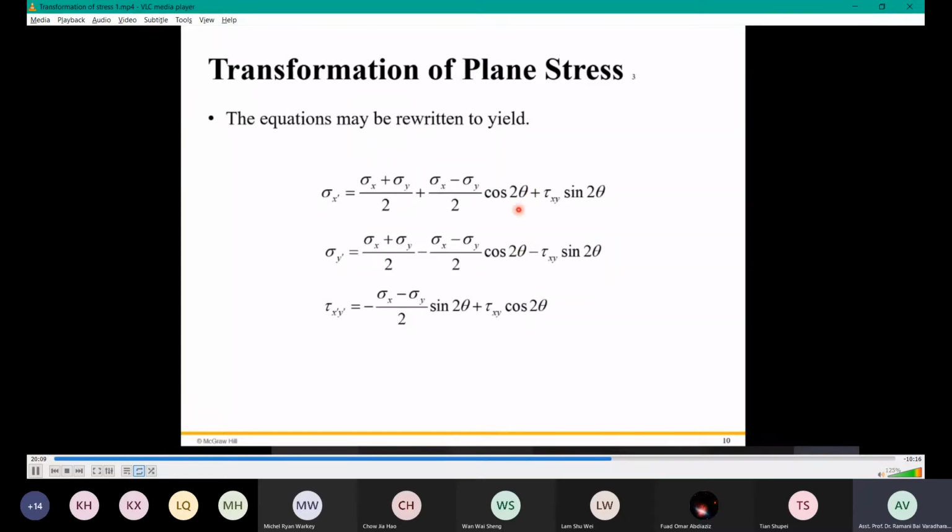The same equation can be used if theta is changing: 20, 40, 90. When you keep changing the theta value, at one point you will reach the maximum, at one point zero, at one point the minimum. So you can make use of these equations for finding the values of the different stresses produced in the member, either by its own weight, by loading, or in operation. This is one way of finding changes in plane stresses, or transformation of plane stresses.